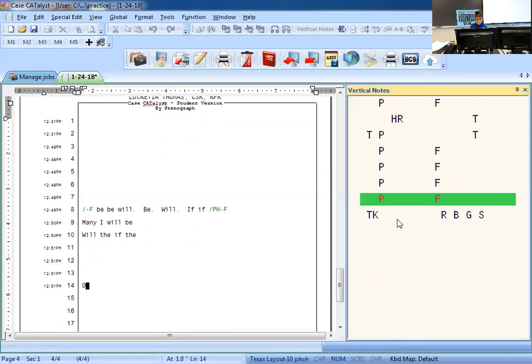TK is a D. B is a PW. L is an HR. I is I, the two letters together. F is a TP. M is a PH. That's your M, okay? Those are letters. Those combinations, notice that I'm stroking them at the same time.